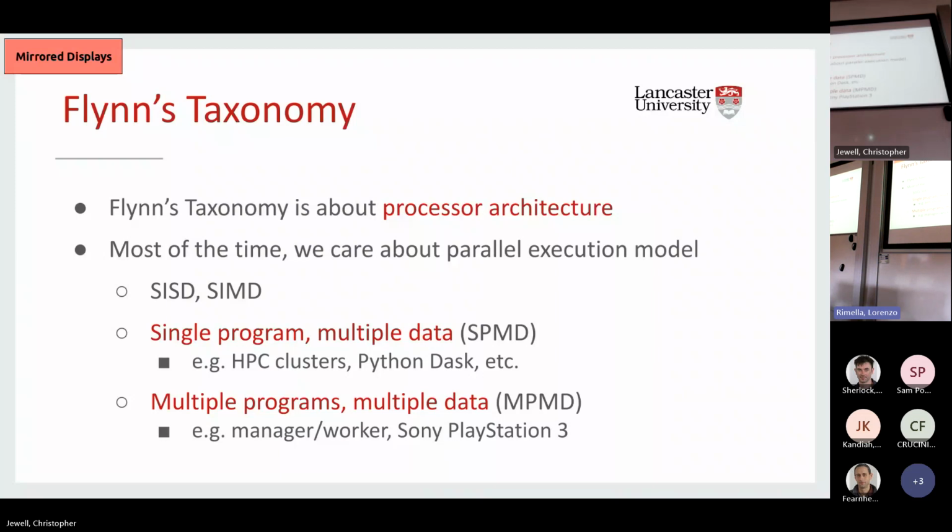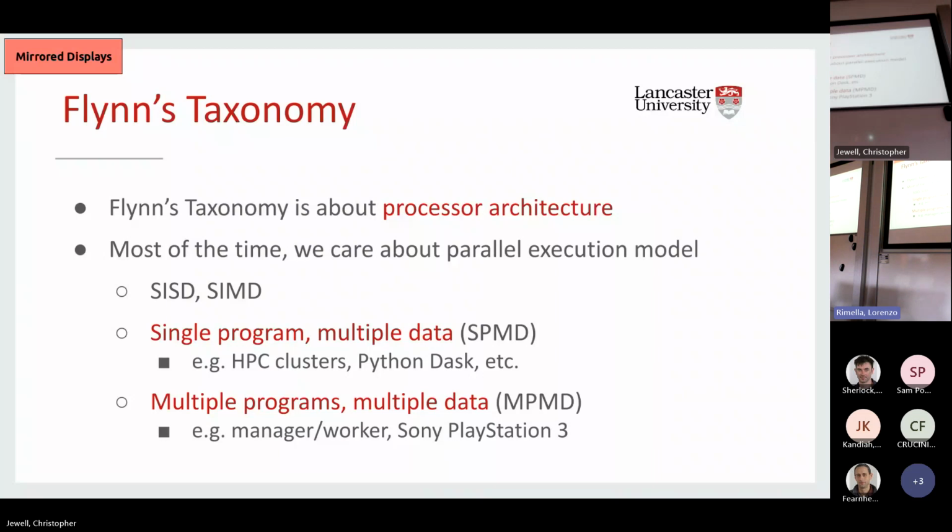It could be a bunch of genome reads from a DNA sequencer, whatever really. But the idea is that there are multiple instances of this program running on independent computers, but each computer is using a different bit of data.